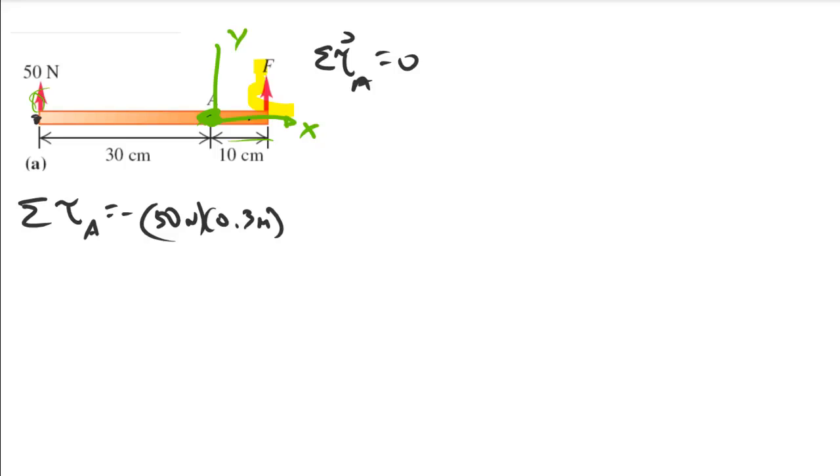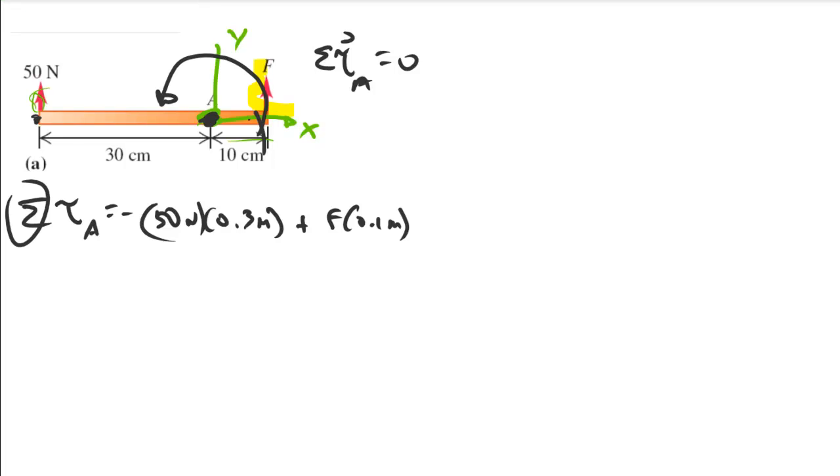So negative 50 newtons times 0.3 meters, plus F times 10 centimeters, so F times 0.1 meter. If I hold my pencil here and push on the other end, I get a counterclockwise rotation, so that's positive.